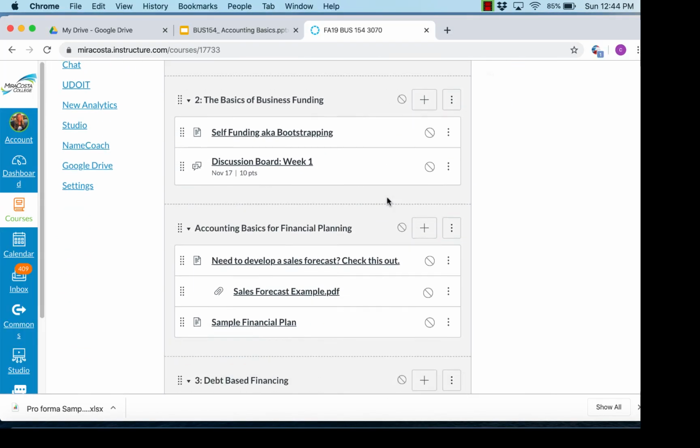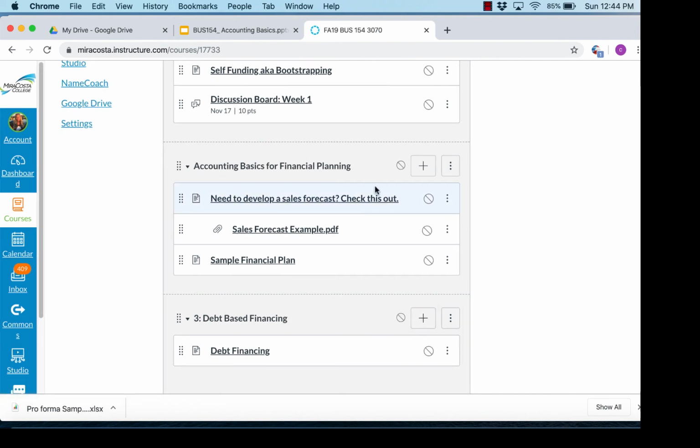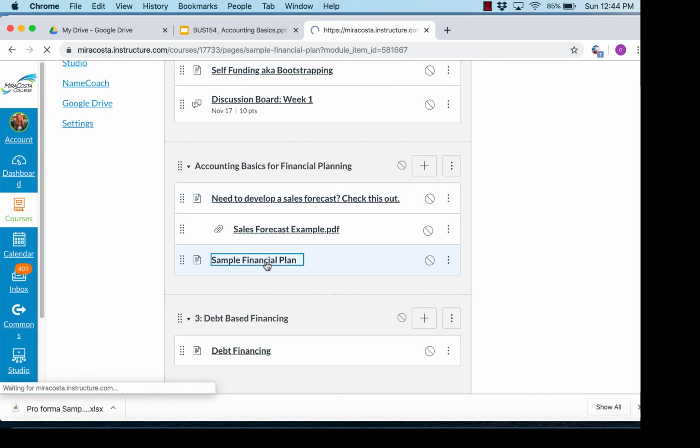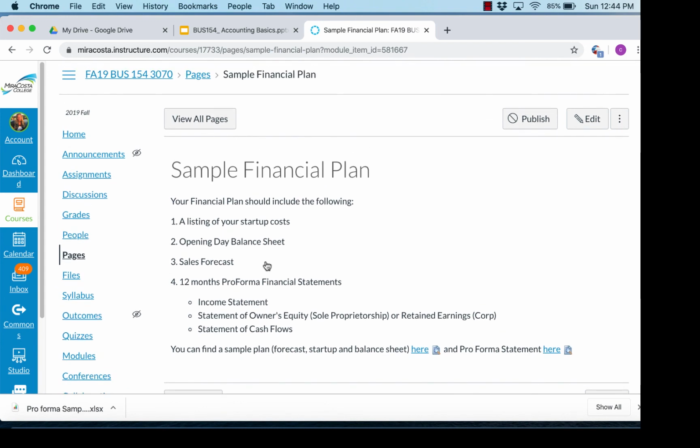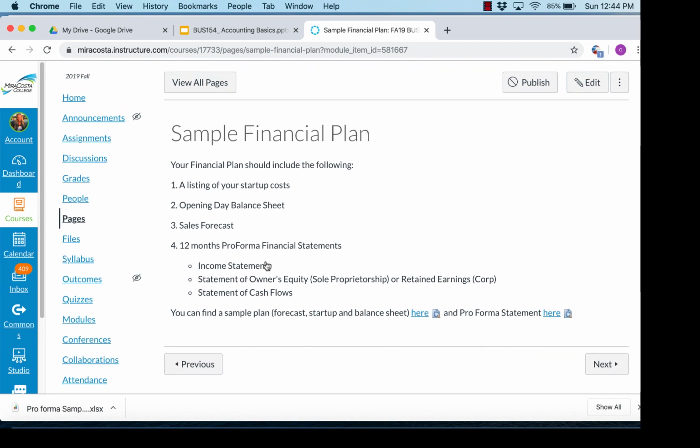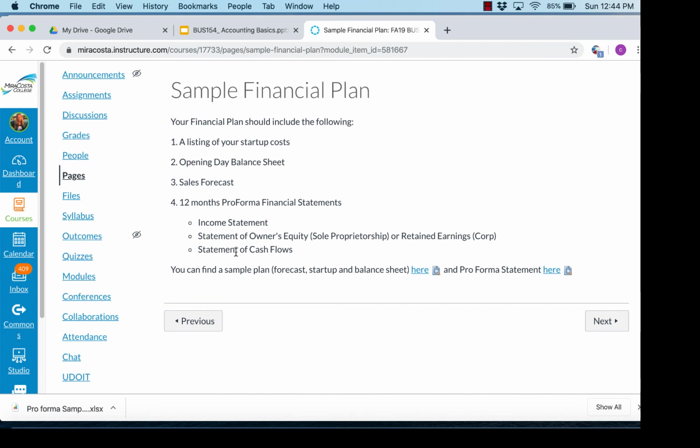And so taking a look in Canvas, when we look at your accounting basics module, you'll see that for your financial plan, what I'm going to be looking for is a listing of your startup costs, your opening day balance sheet, a sales forecast, which you'll see in a separate video, and 12 months pro forma financials for your income statement, your statement of owner's equity or retained earnings, and your statement of cash flows.